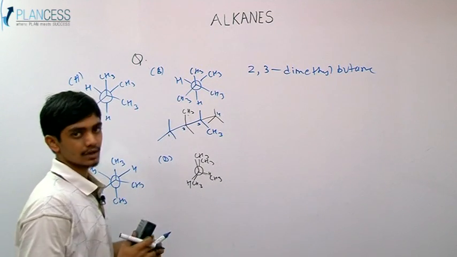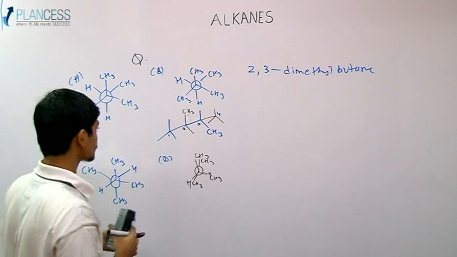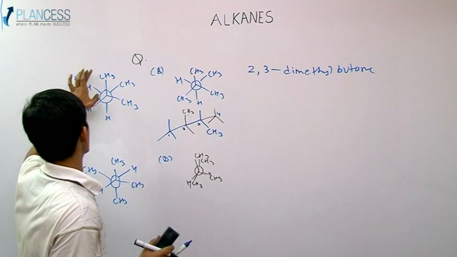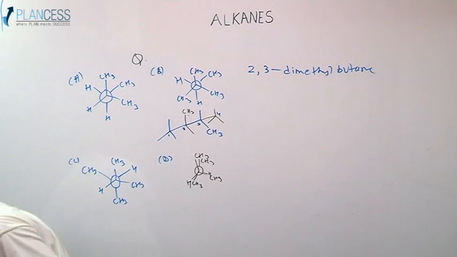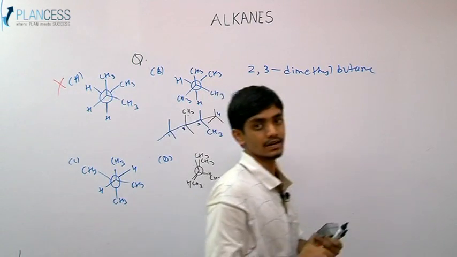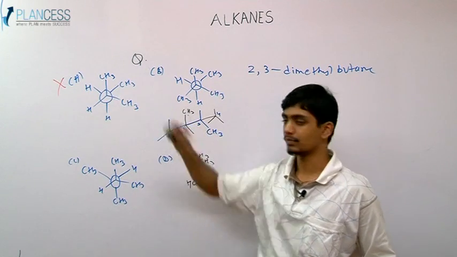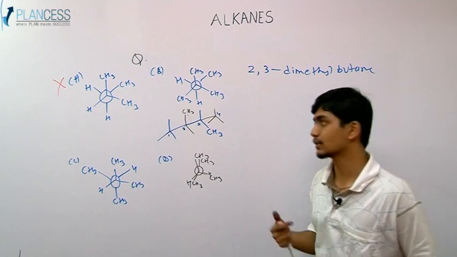Here we will have 2 carbons across which you are writing the Newman projection. So 2 carbons. Other carbons must be visible as the groups. So 1, 2, 3. So that means at least we can say that this structure is wrong, because there are only 5 carbon atoms. 2 carbons are present as a dot and as a circle, and the other carbons must be present as the groups.